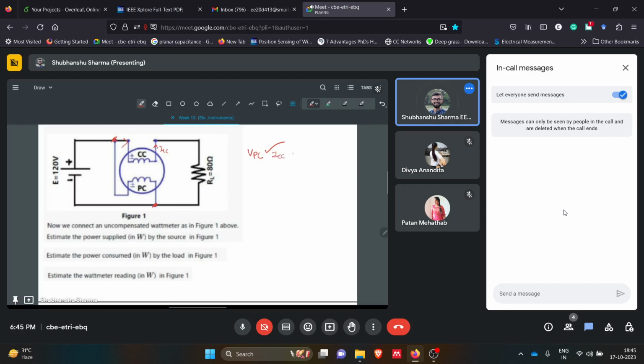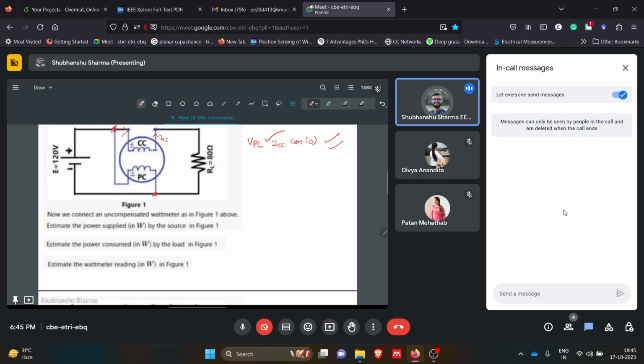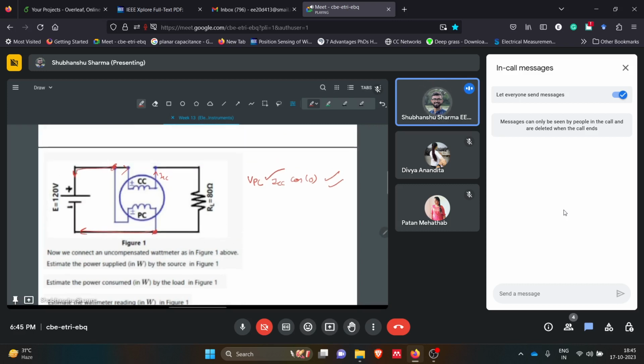Multiply them, and since this is not an AC circuit and there is no inductor or capacitance, cos phi will be 0 degrees, so you will get this value. There will be no phase difference. Otherwise, you will have to keep the phase difference in mind also. So here the voltage was this, and the current will be after that. So this is one configuration.